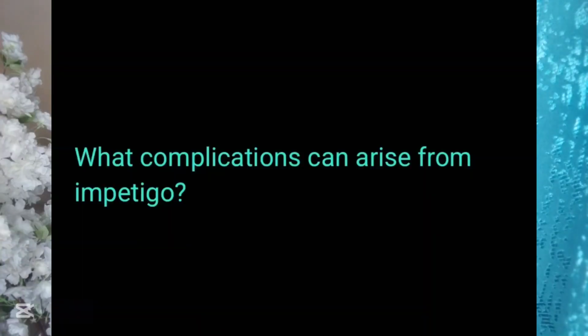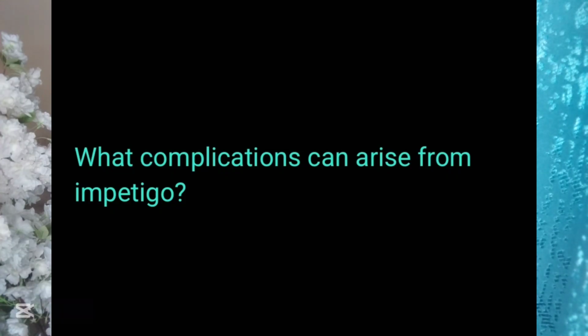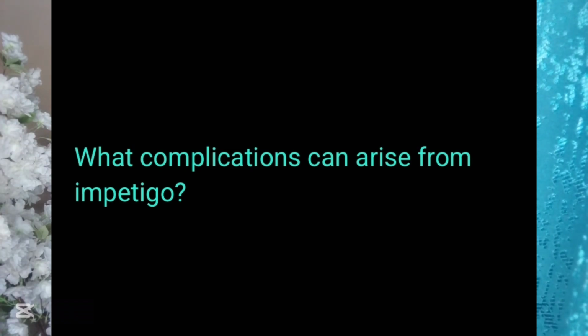The complications of impetigo include glomerulonephritis. Glomerulonephritis is when the small filters within the kidneys that help to filter blood and convert it into urine get inflamed. They can get irritated and get destroyed. The other complication is the infection can spread deeper into the deeper layers of the skin, for example, the dermis and the hypodermis.